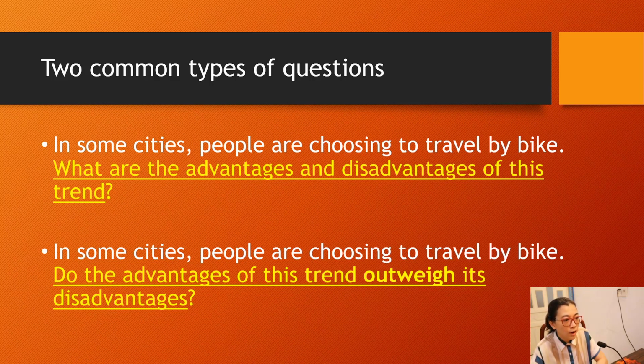But for the second one, do the advantages of this trend outweigh its disadvantages? This is a question for your opinion. So you have two tasks. The first one is to list the advantages and disadvantages. And the second task is to give your opinion on whether the advantages or disadvantages outweigh the other.